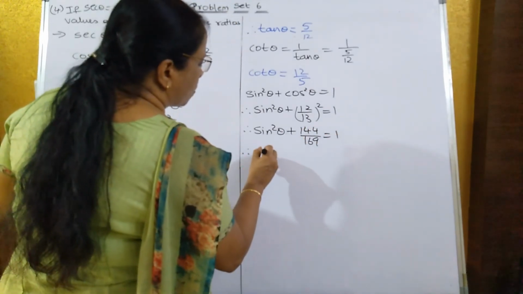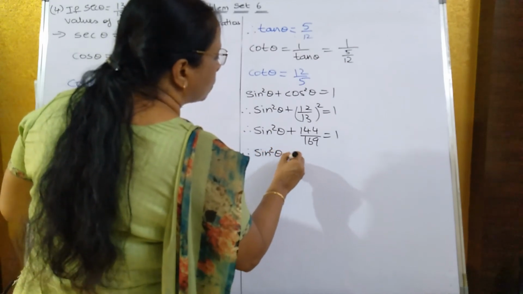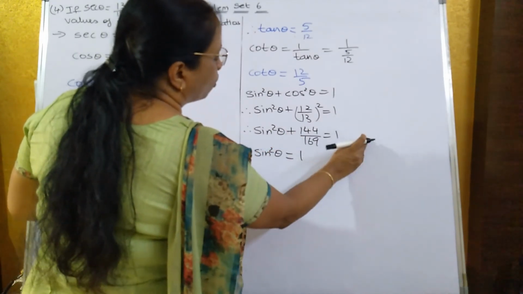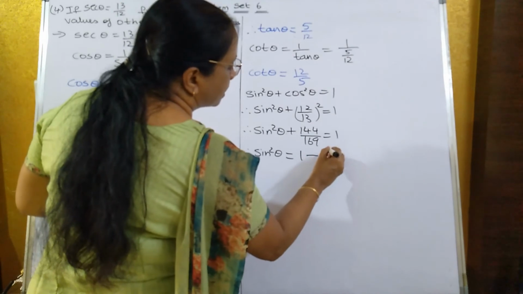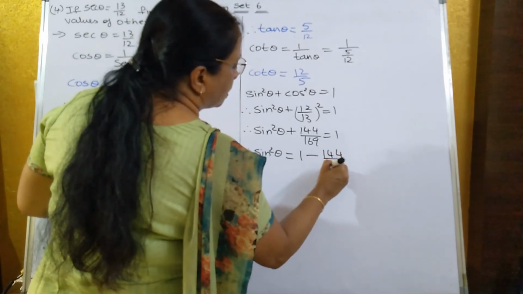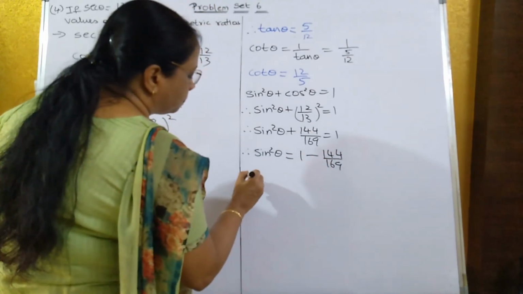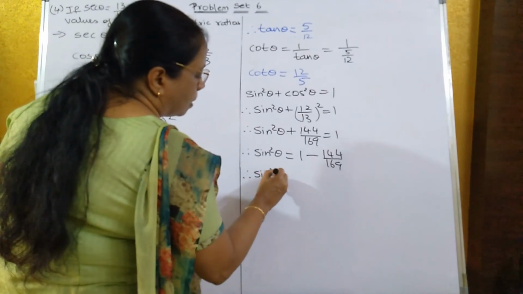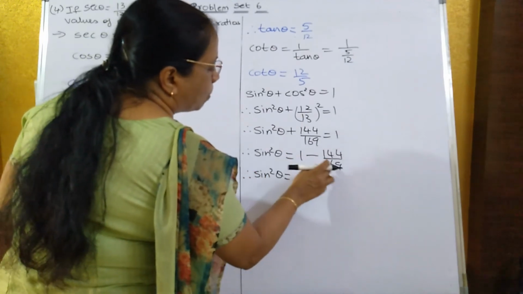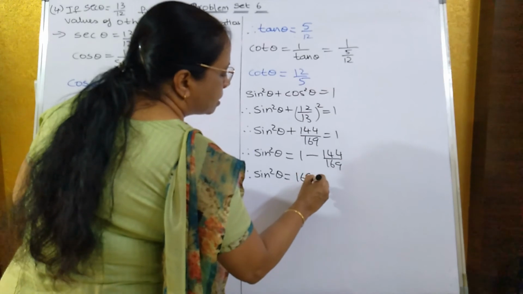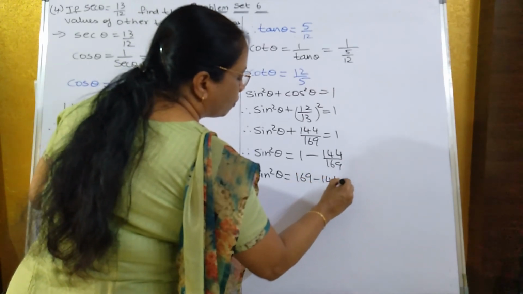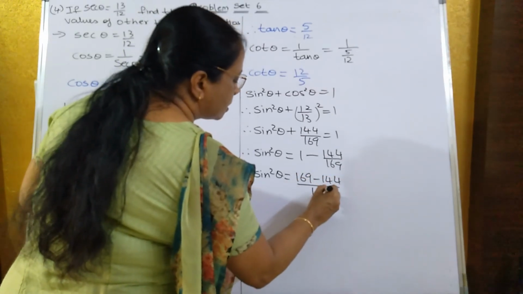Therefore sin square theta is equal to 1 minus 144 upon 169; when you take it on that side, it will become minus. Equalize the denominator. When you multiply 1 into 169, you will get 169 minus 144 upon 169.